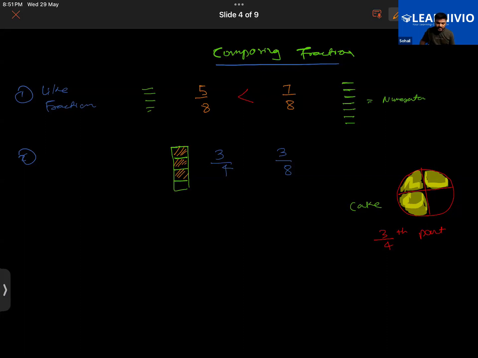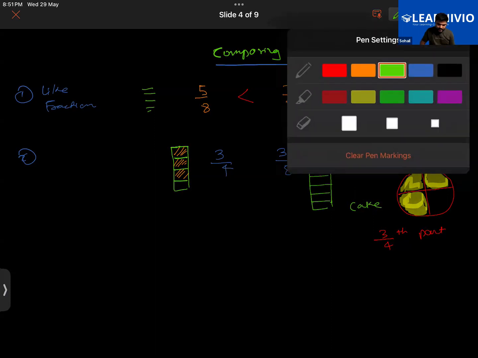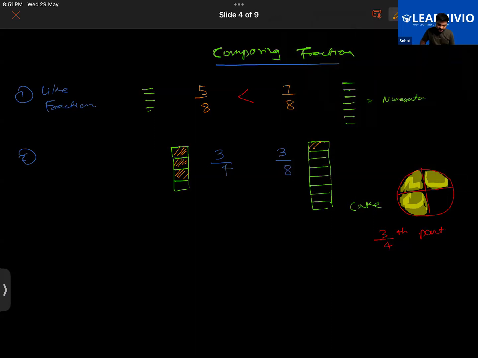In this case, you are going to have 8 parts, 1, 2, 3, 4, 5, 6, 7, and 8, and you are again going to shade 3 parts. Now look at the size of this fraction and this fraction. Clearly, which one looks bigger? 3 by 4 looks bigger over here.